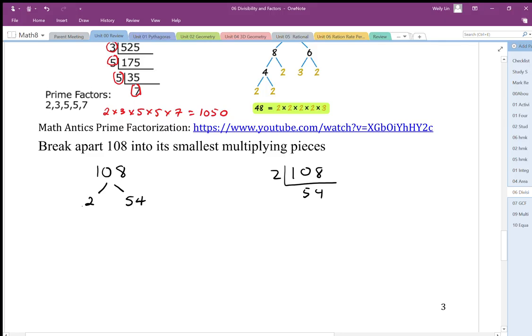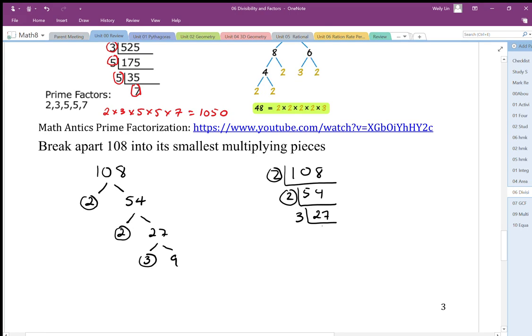So this is prime, this is prime. We can divide again by 2, so we can split up the 54 into 2 times 27. There's our prime piece here, there's the leftover prime. And then we can do this again with 27. Now 27 has a divisor of 3.